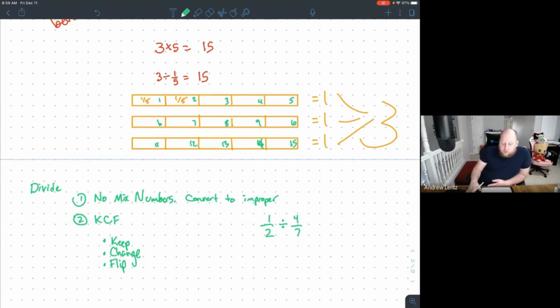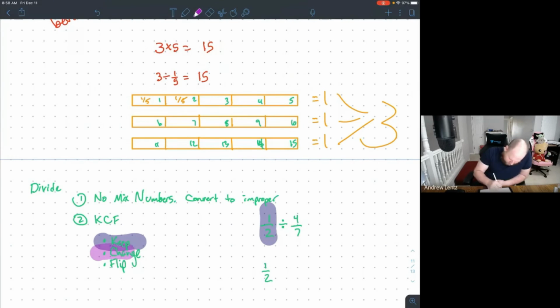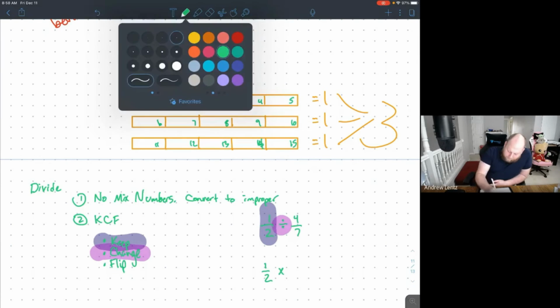So what you're doing is you are going to keep that first fraction the same, 1/2. You are going to change your division into a multiplication, and you are going to flip.